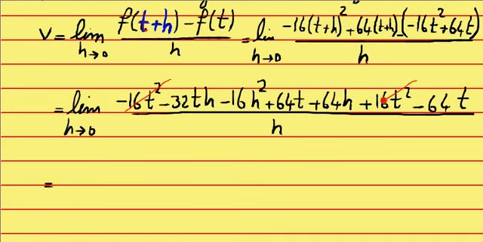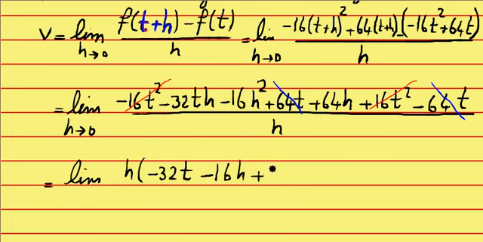Well, fortunately, simple cancellation takes care of quite a few of these. 16t squared, 16t squared, 64t, 64t. Whatever else is left gives you a factor of h. So I'll have limit of h times minus 32t minus 16h plus 64, divided by h, h goes to 0.